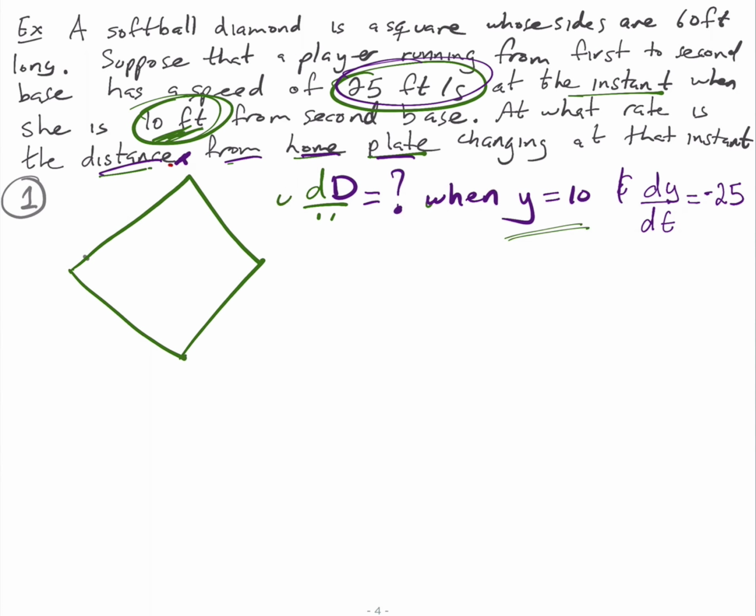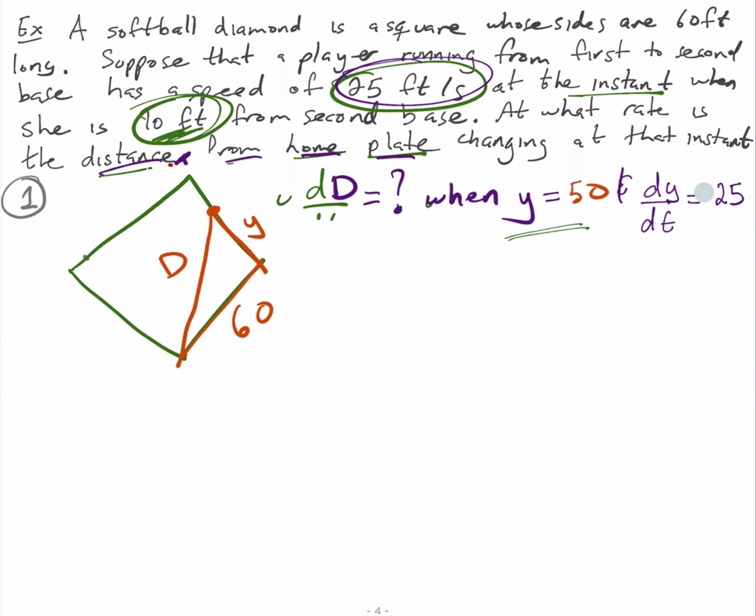Okay, so now let's just redraw here. So I've got this right here. This is a constant 60. This is big D. We're going to label this Y, and we said we're going to change this to when Y equals 50.